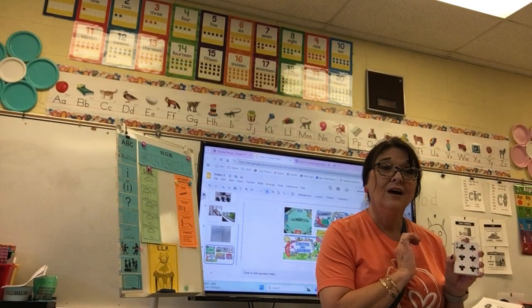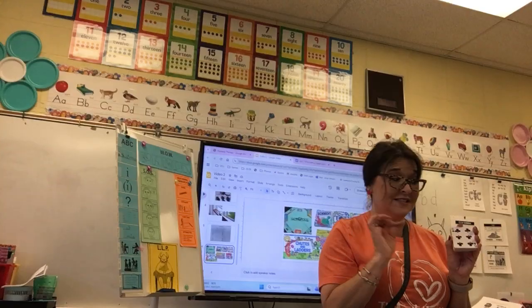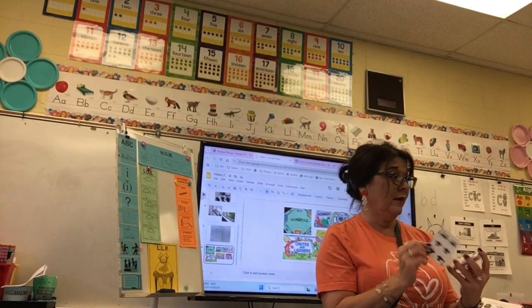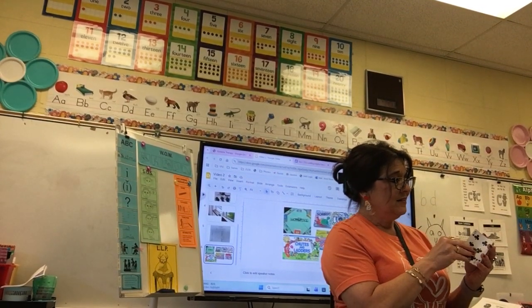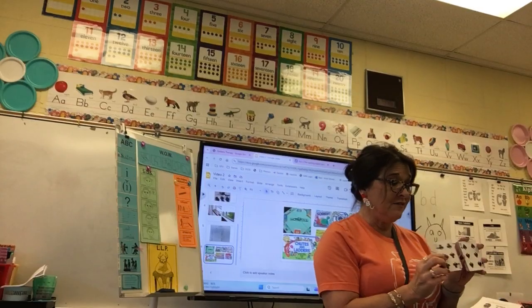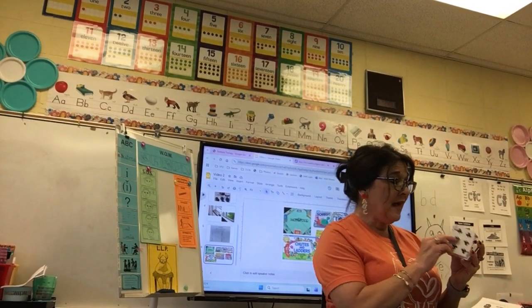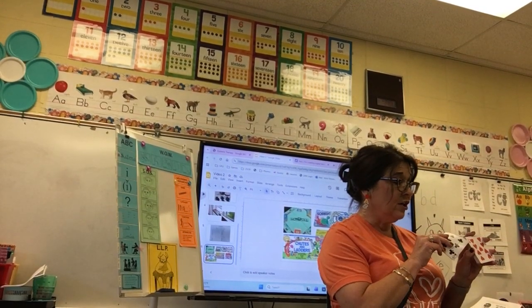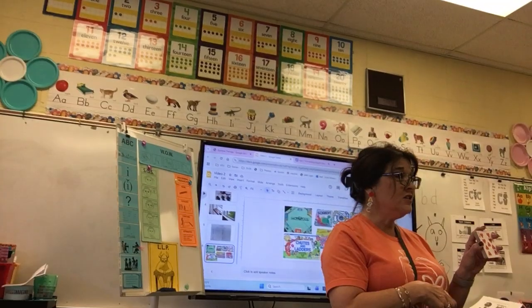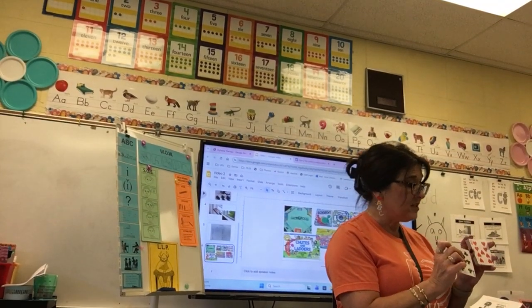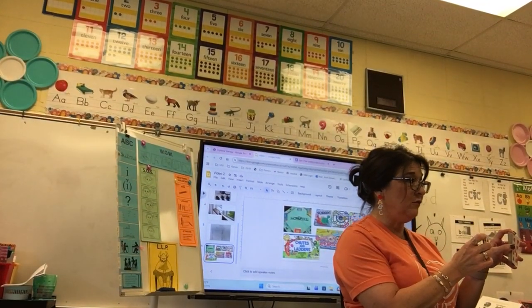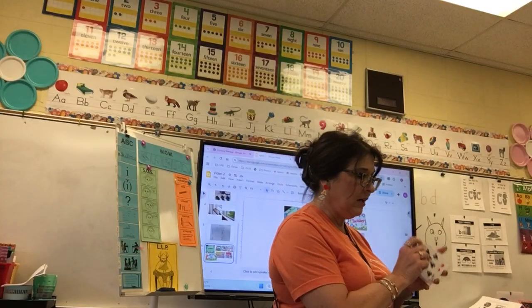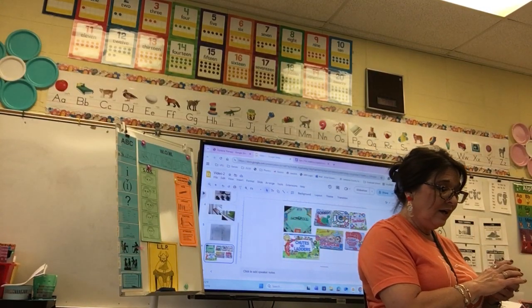They have different pictures, different shapes. They also have different colors and different, look at the two things up in the corner. Different numbers. Okay. They've got people on there.